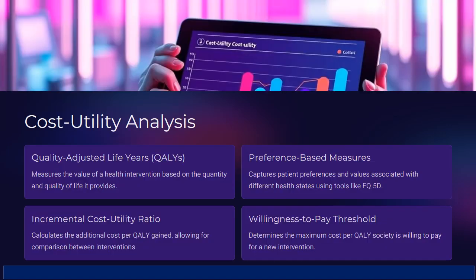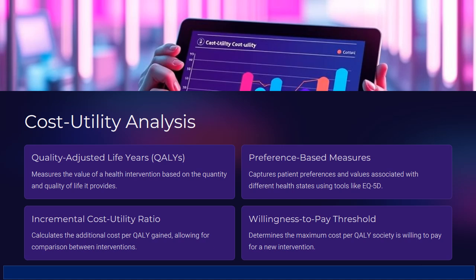Then move to cost utility analysis, CUA, which we discussed just before, wherein we study quality adjusted life years, QALYs. It measures the value of a health intervention based on the quantity and quality of life that it provides.